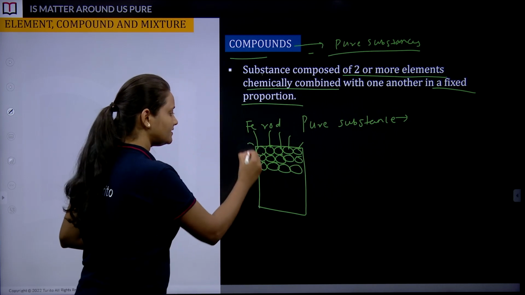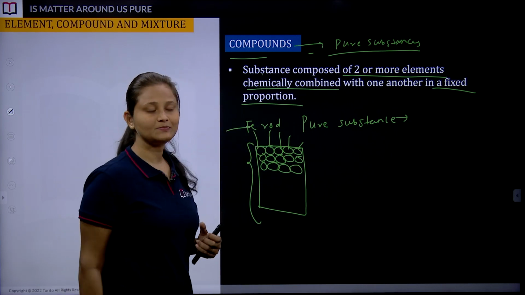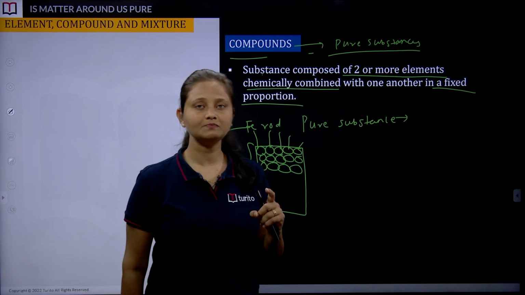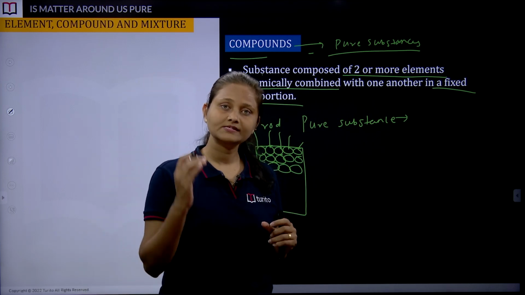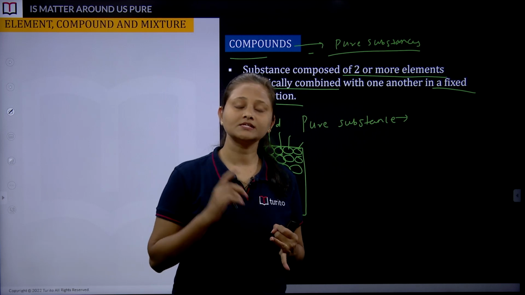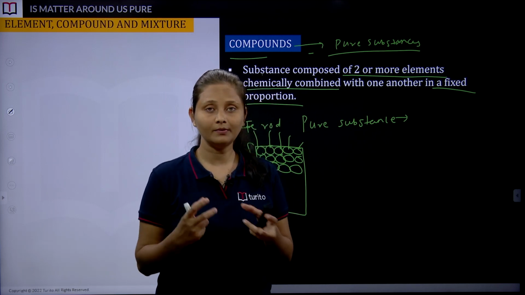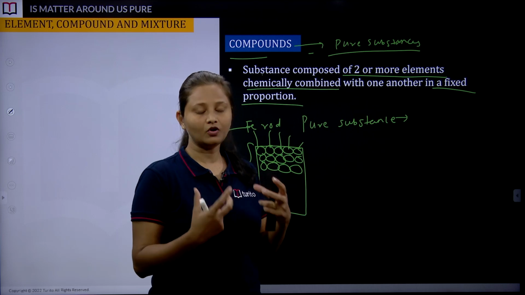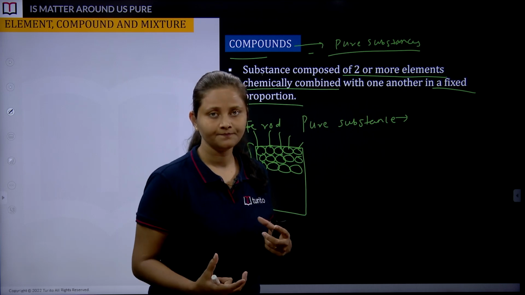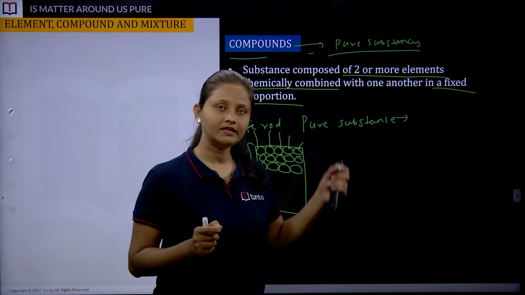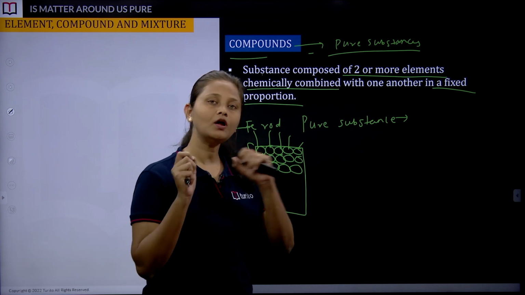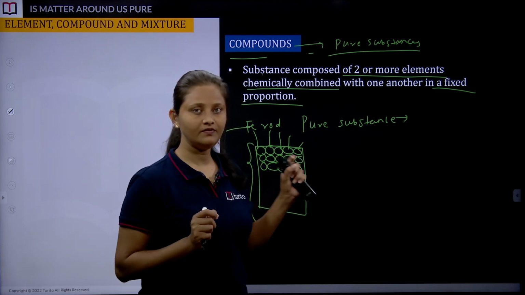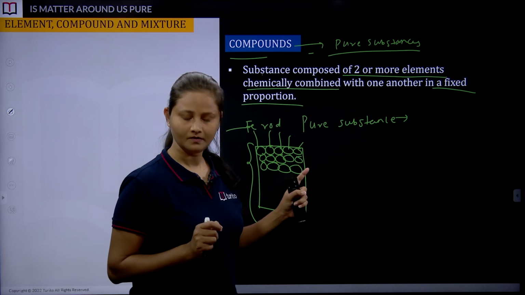So I consider the whole rod a pure substance, because it consists of one single type of atom having the same physical properties, such as melting point and boiling point, and chemical properties, such as reactivity. So chemically and physically they have the same properties. Do you all agree? Did we cover this part? We did, right?